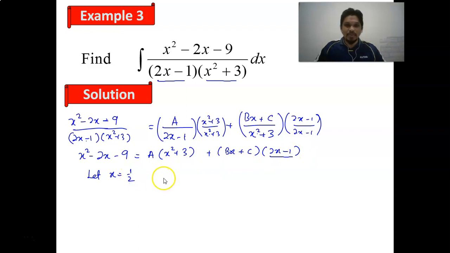Okay, class, for this one you may use your calculator. Substitute x equal to half here, and then find out the solution on the left side. Because 2 times half equal to 1, and 1 minus 1 equal to 0, so 0 times C, 0 times Bx, everything is 0, only A left here.